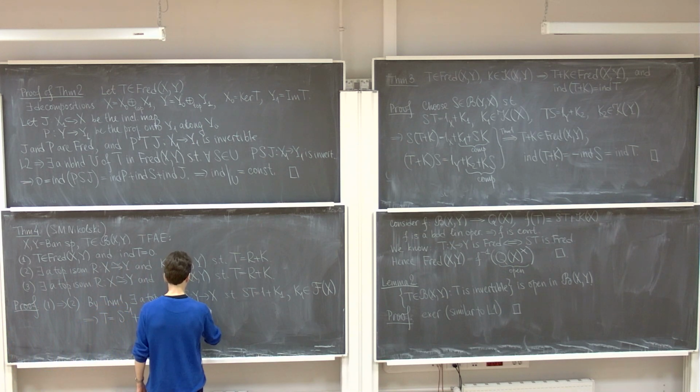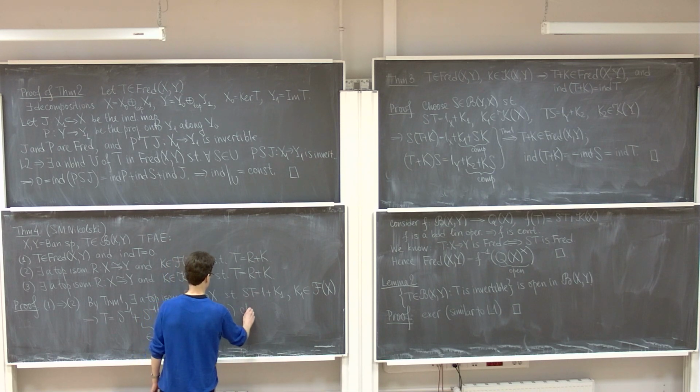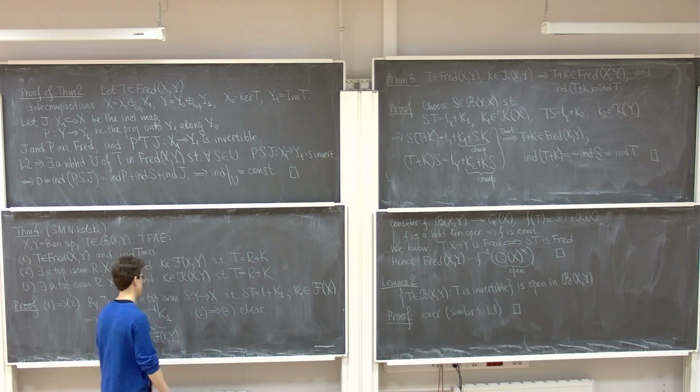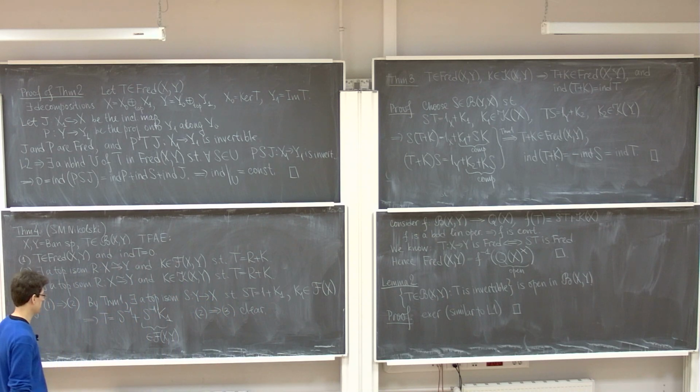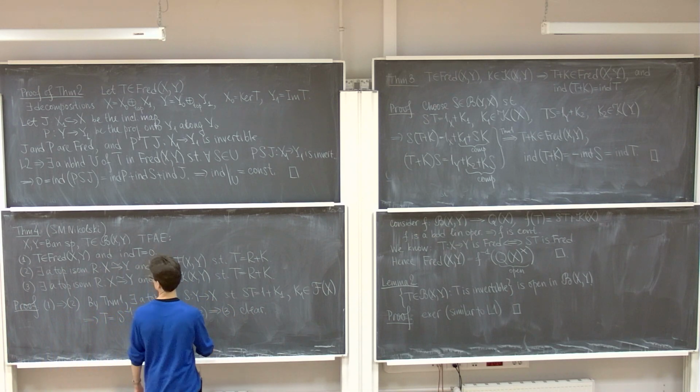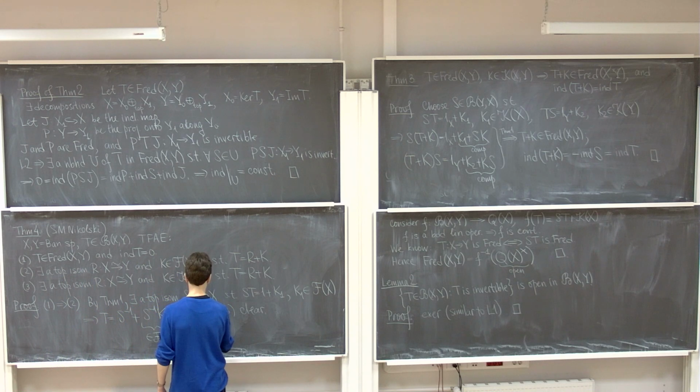Clearly, 2 implies 3. This is obvious because the finite rank operator is compact. And the remaining implication, 3 implies 1, follows from theorem 3.